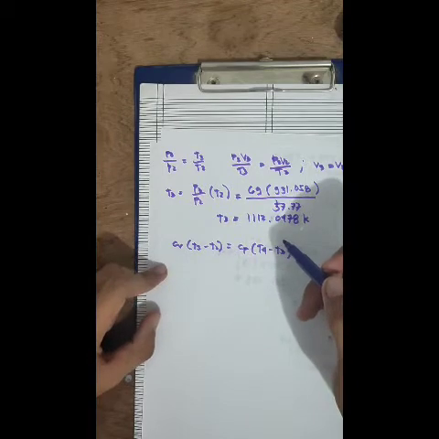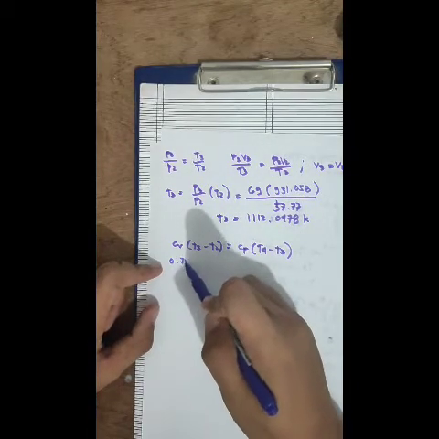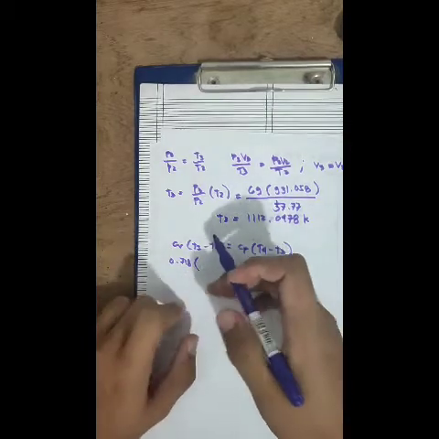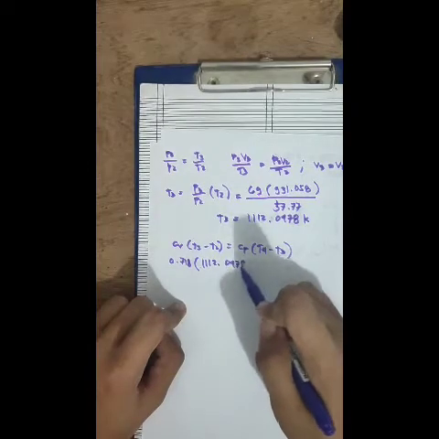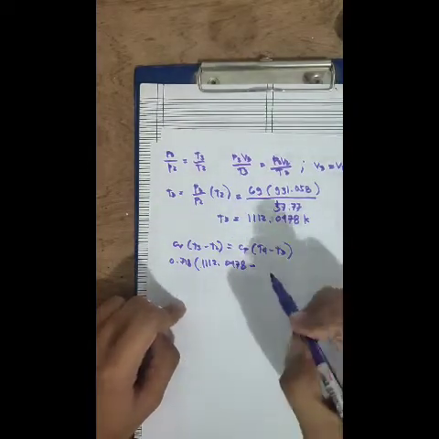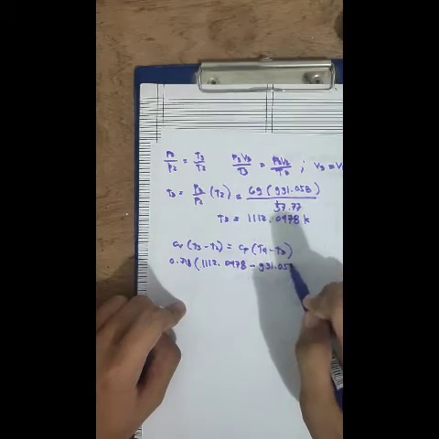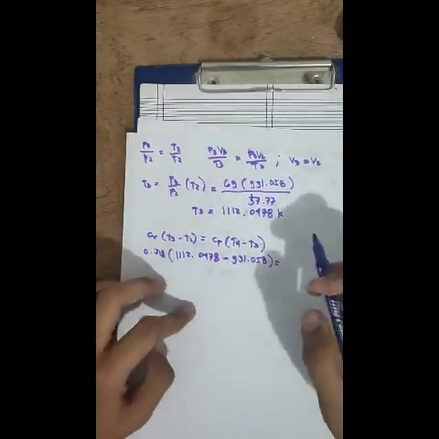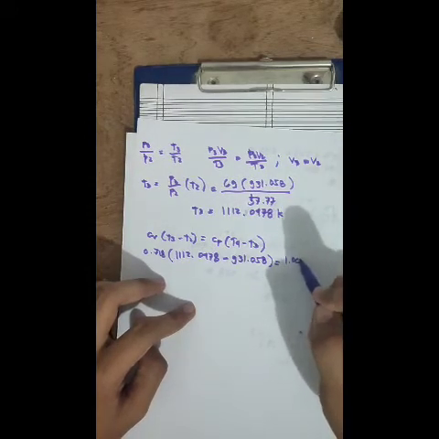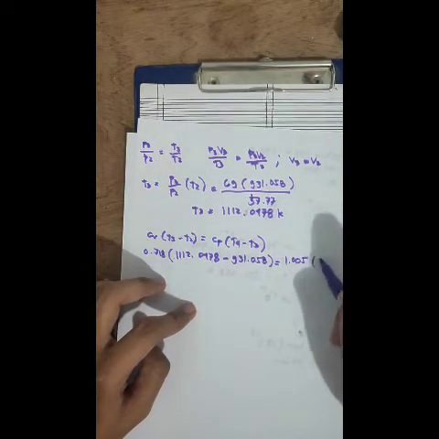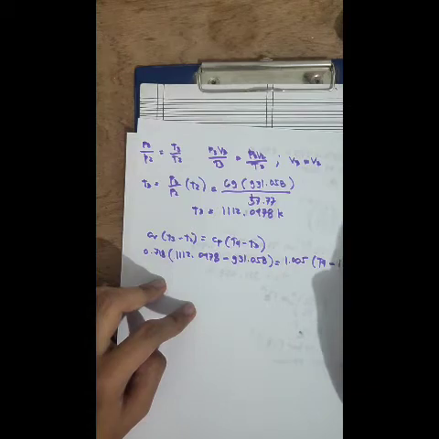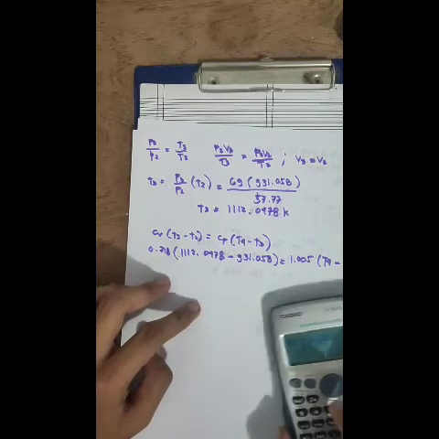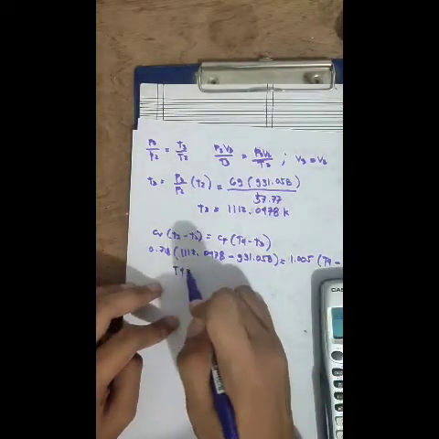So the CV for standard air is equal to 0.718 multiplied by T3, which is 1112.0478, minus the T2, which is 931.058, is equal to the CP of standard air, which is 1.005, and T4, which is what we are looking for, minus T3, which is 1112.0478.